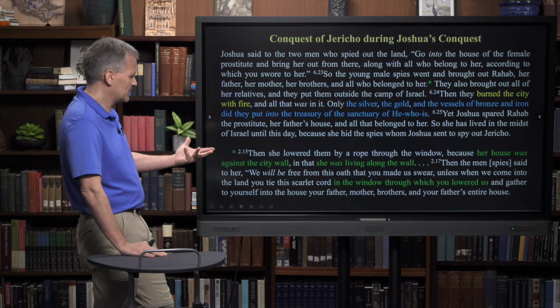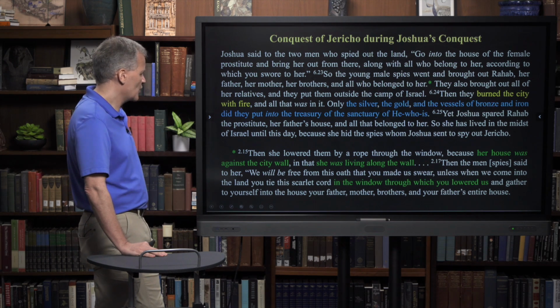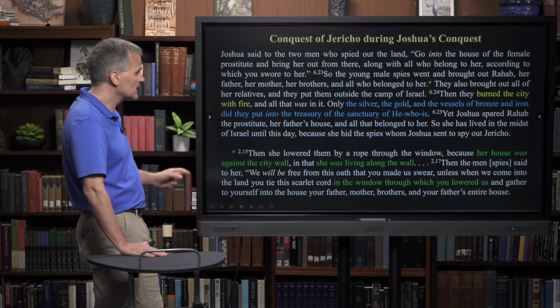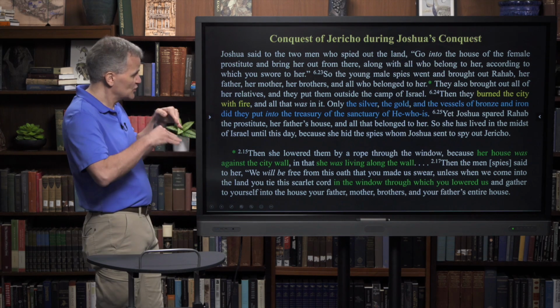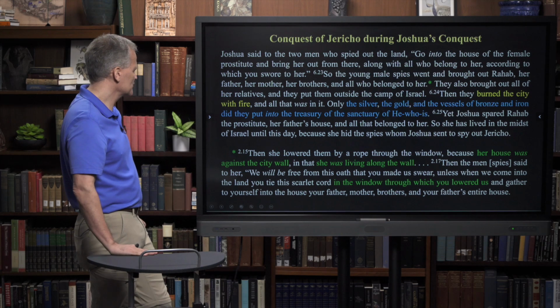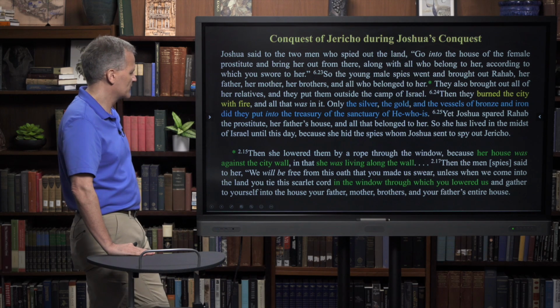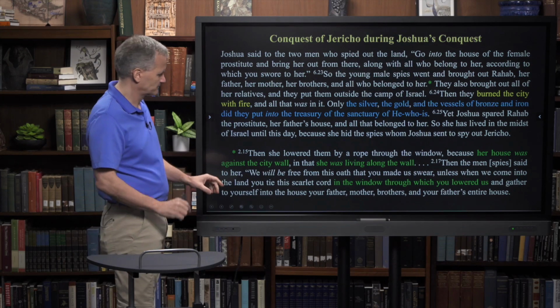Then the men, that is the spies, the Israelites, said to her, "We will be free from this oath that you made us swear, unless when we come into the land, you tie this scarlet cord in the window through which you lowered us," i.e. to get out of the city, "and gather to yourself into the house your father, mother, brothers, and your father's entire house." So archaeologically, we can see a few important things here.